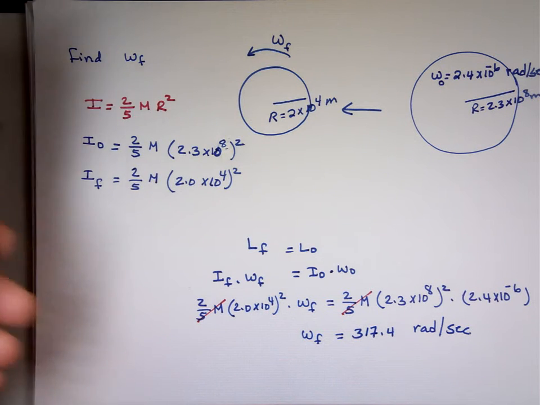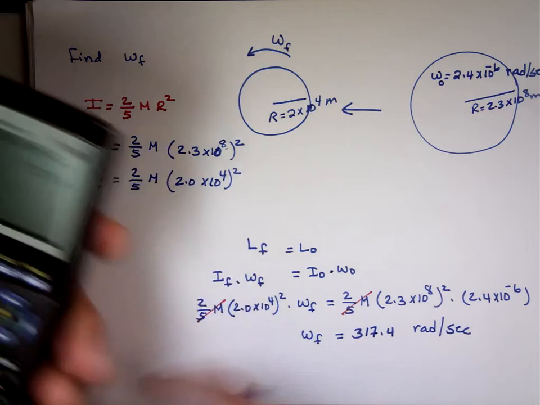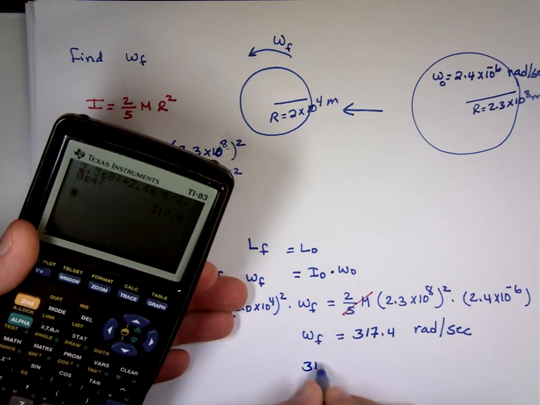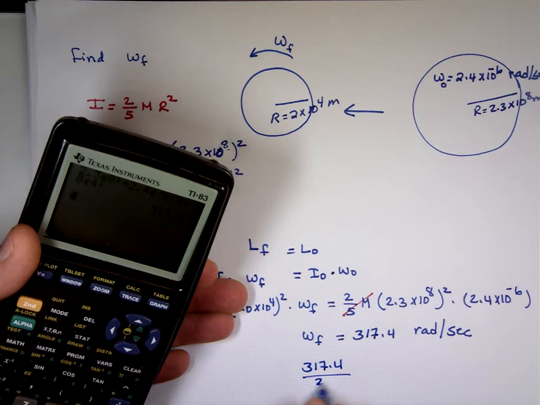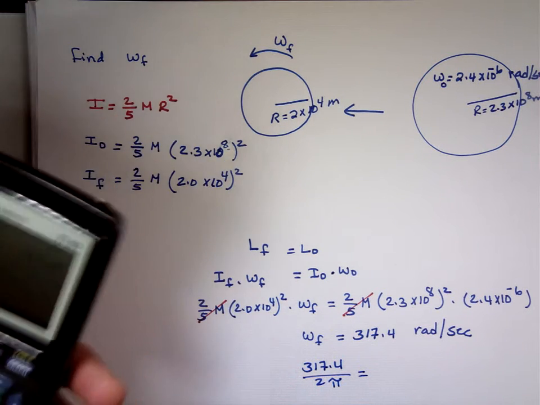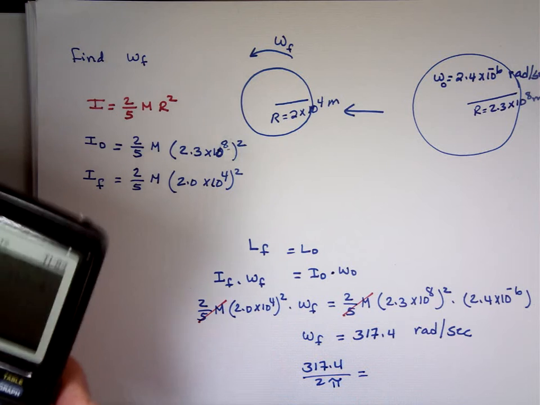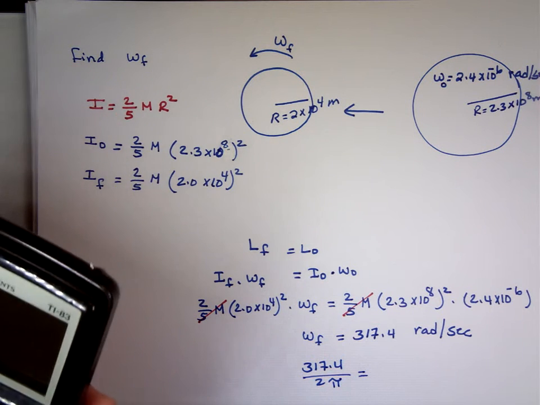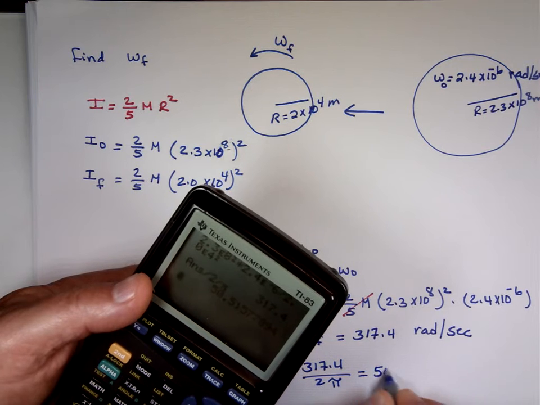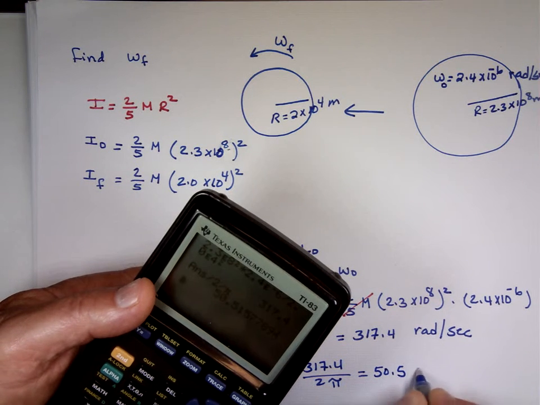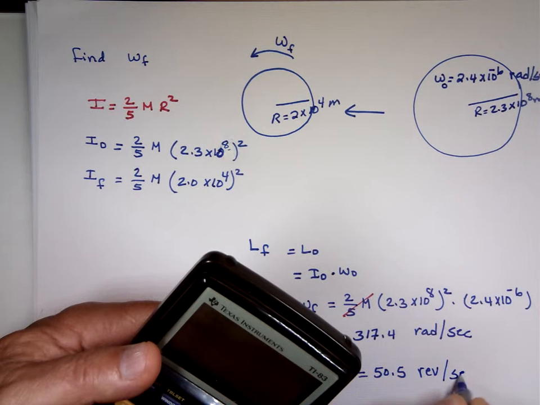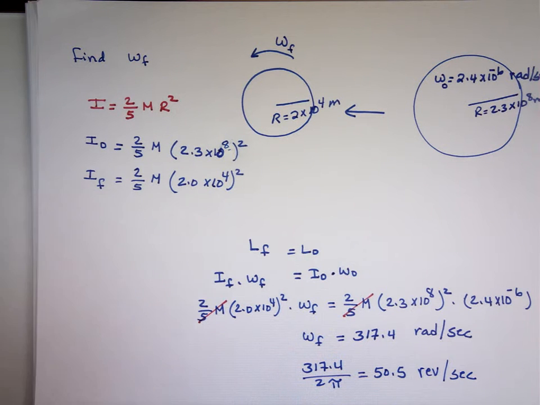If you want to know how fast that star is spinning, divide that by 2 pi, and that will tell you how many revolutions per second. It's doing roughly 50.5 turns every second. If you were on that star, you definitely would be dizzy. By the time you say 1 Mississippi, you just spun 50 times.